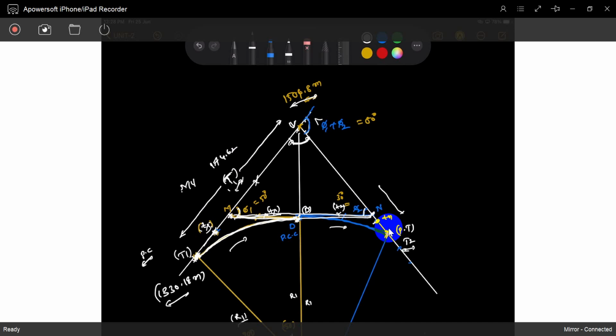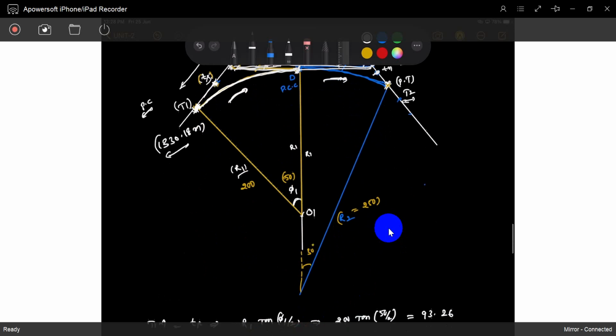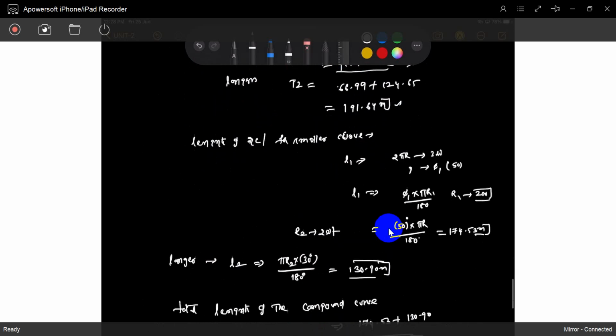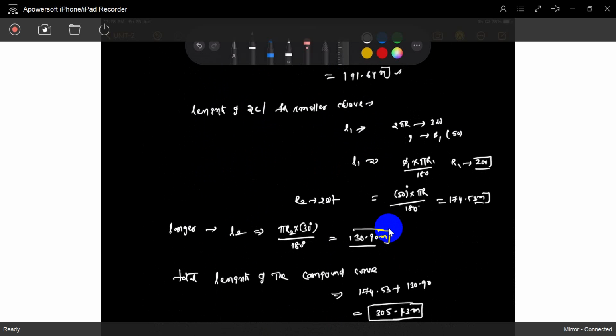Next we go in this direction, not that direction. So first we find the point, and later go through this direction. What is the length of the first arc? It is 174.53.